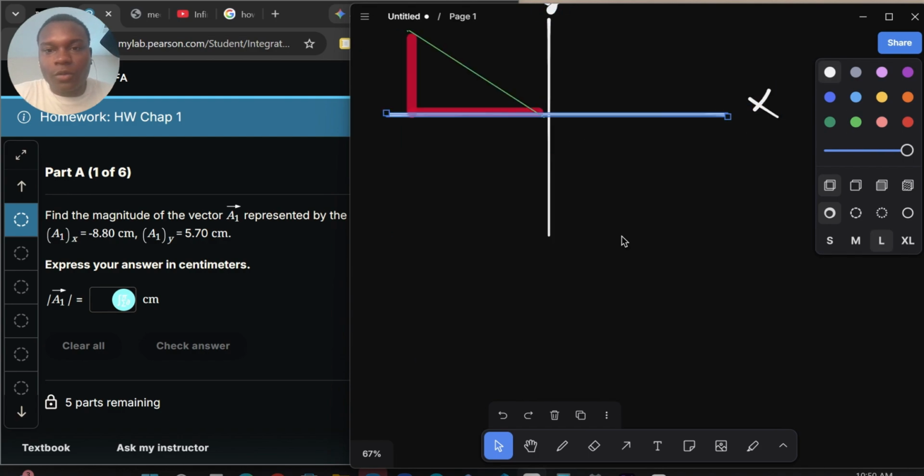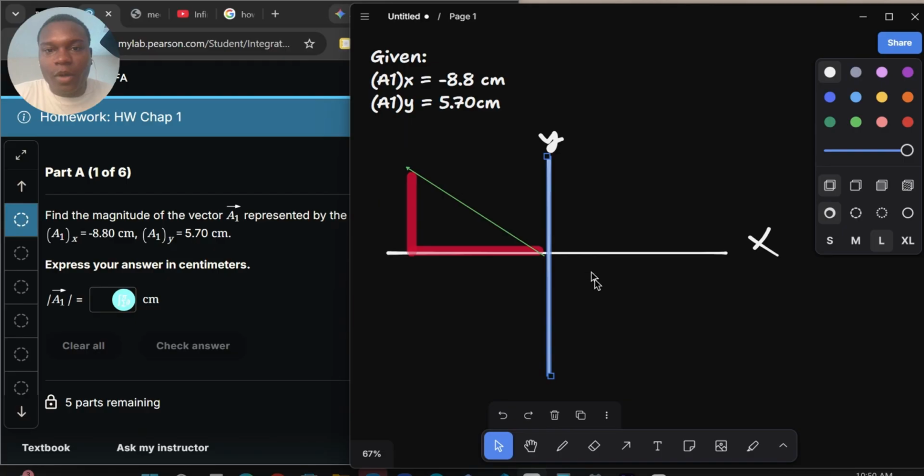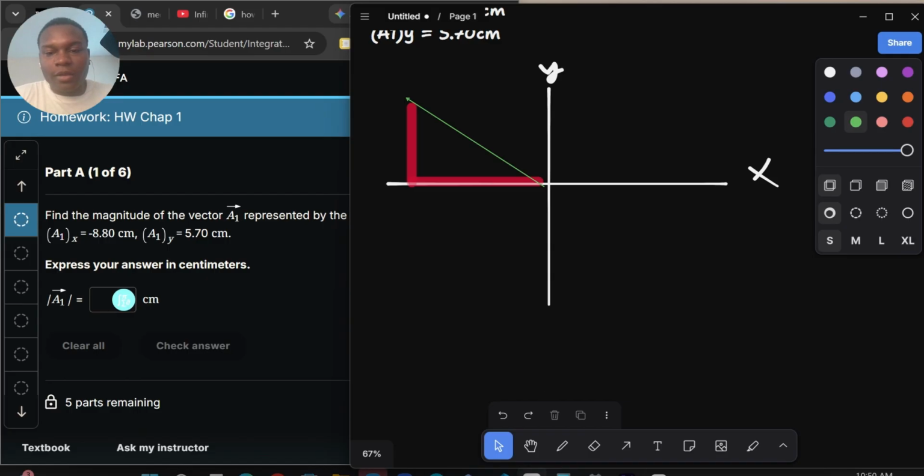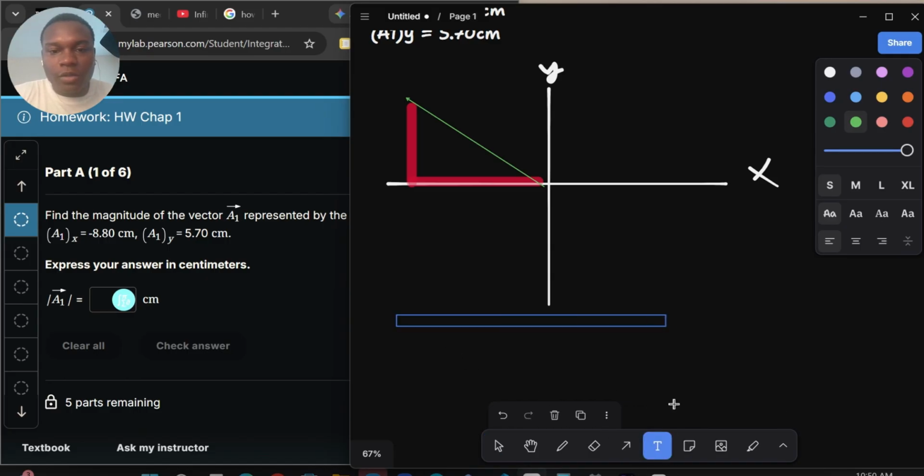we're going to start from where we were. Now it's asking for the magnitude, which is the length of the resultant vector A1 of these two components. Breaking this vector into these two components is called decomposition, but we're just going to solve the problem for now. The formula for the magnitude of a vector is basically the distance formula.